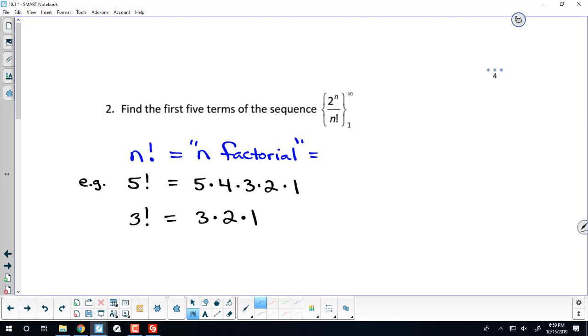So n factorial is just n times n minus 1 times n minus 2 times, all the way till we get to 1. I mean, really you just need to stop at 2, but that's how it's defined.